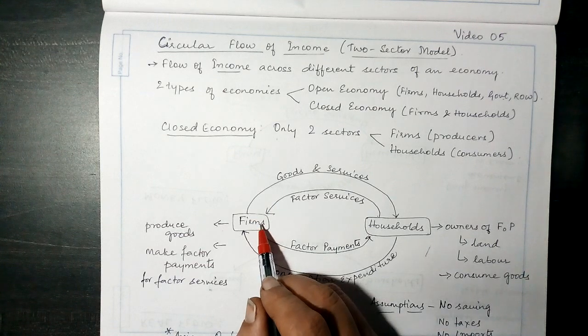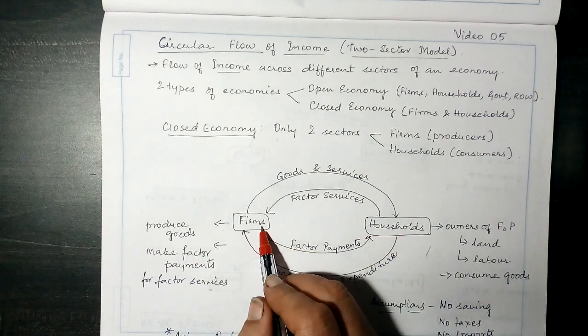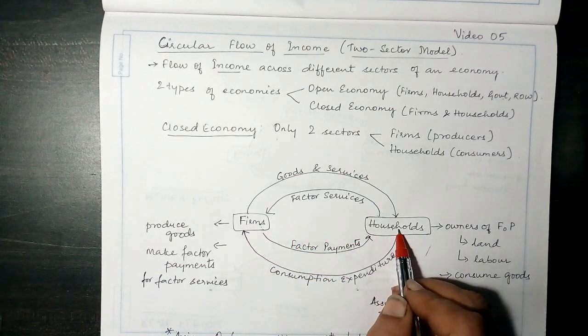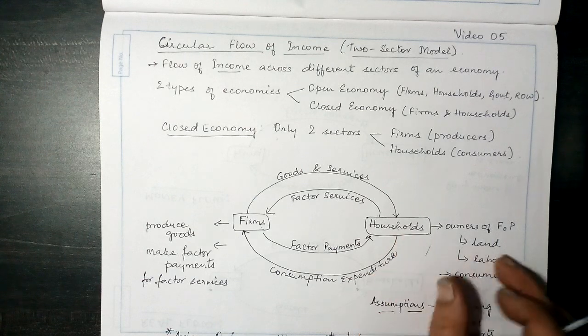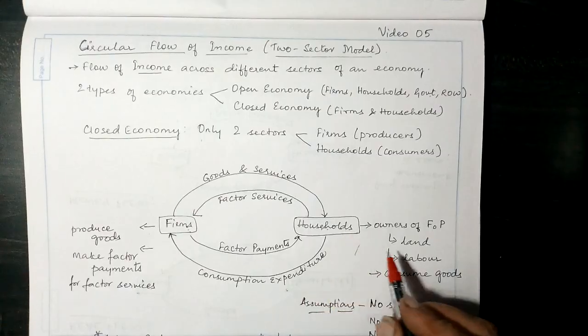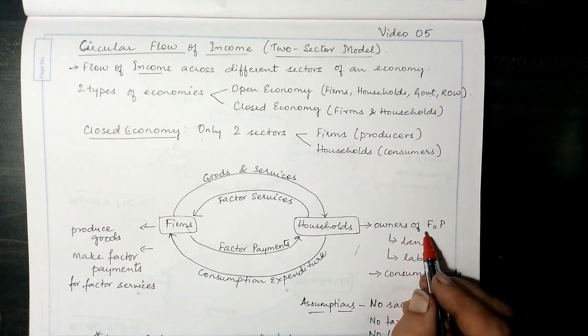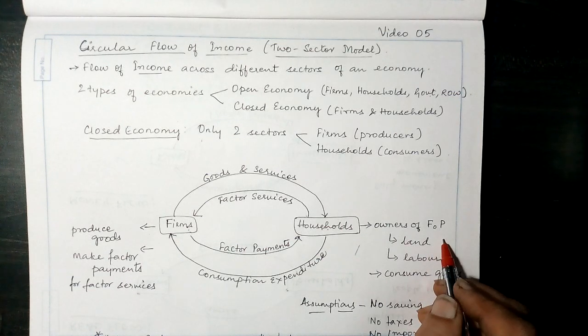Now we said in a closed economy there are two sectors, the firms or the production sector and the households or the consumption sector. The households are the owners of the factors of production. What are the factors of production?